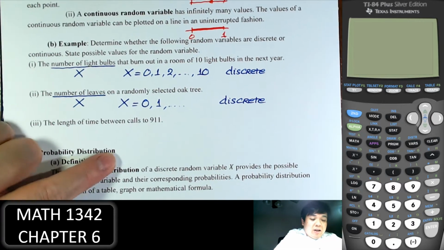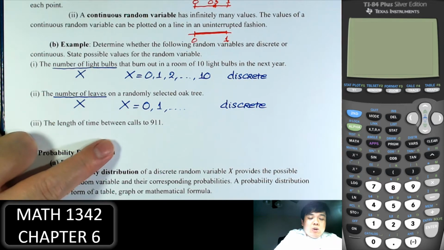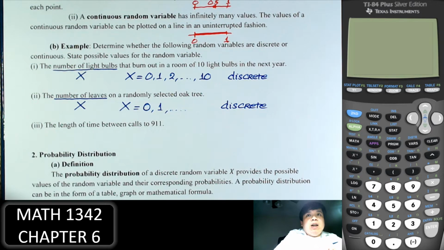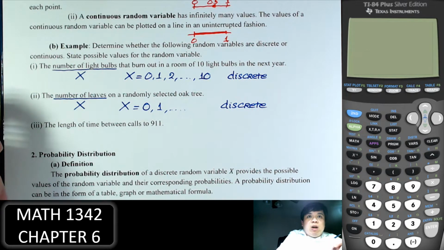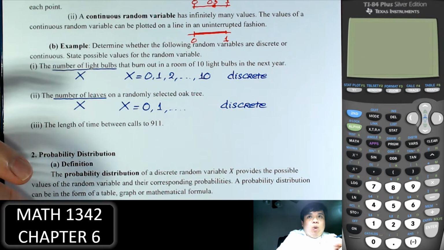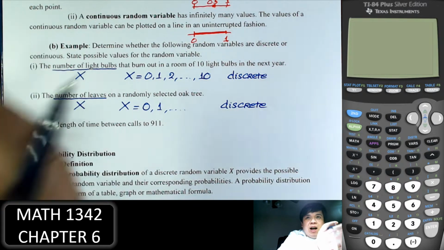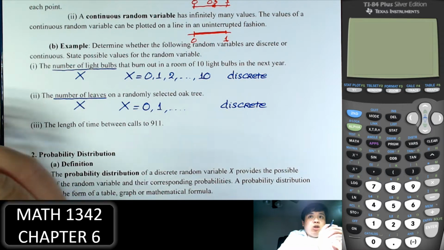And the length of a 911 call. Now this one is not going to go on indefinitely, but it could be any time. You can say 2 minutes and 1 second, or 2 minutes and half a second. So pretty much any value is possible.